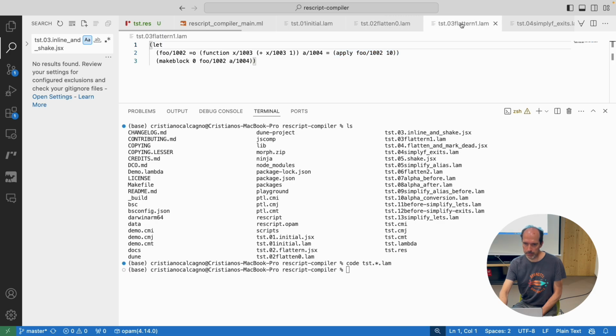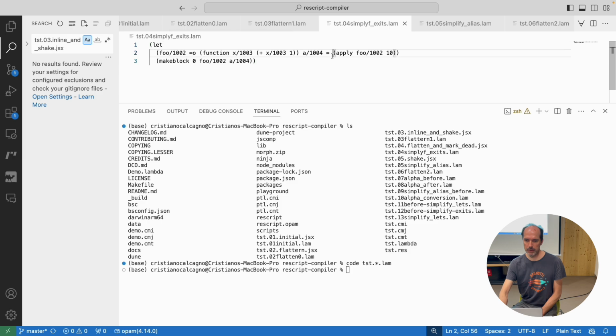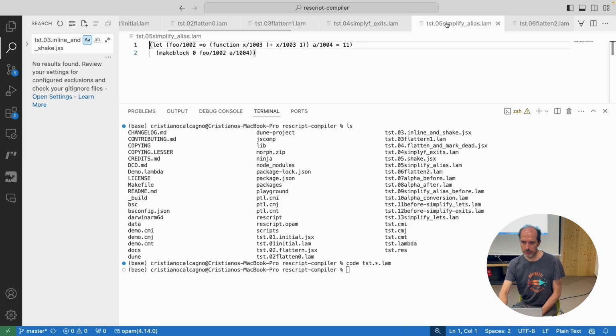The third step it isn't, and the fourth step, fifth. So this is when it happens. On the fourth step we still have foo applied to 10, and the fourth step is after applying a transformation which is called simplify exits. And then the fifth step says simplify alias. So that's when we expect the inlining to take place.